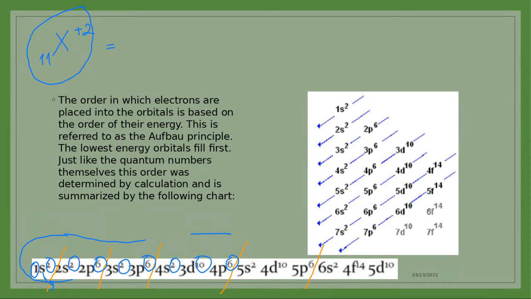All of you are actually right, but Habib is not. As I said, first of all, you have to find the electron number. Here we have the 11, and with the 2+, that means only 9 electrons.